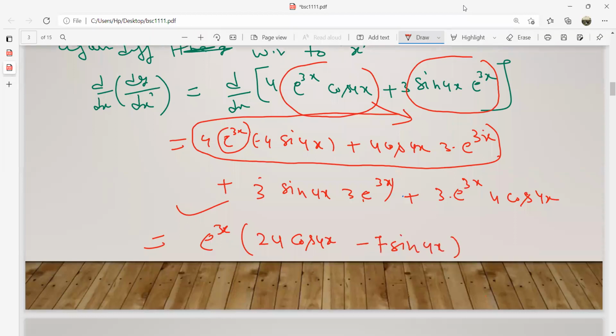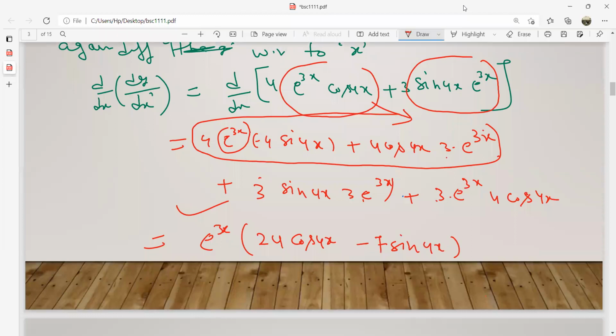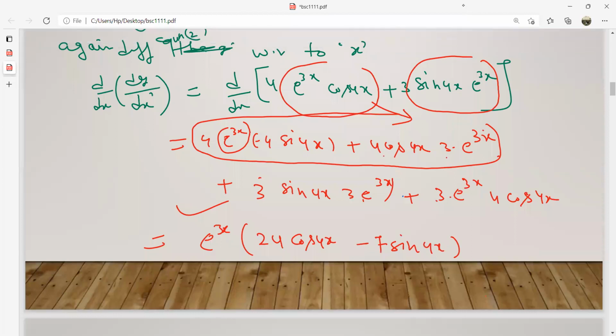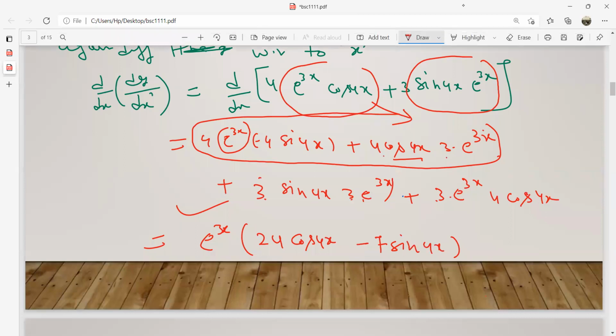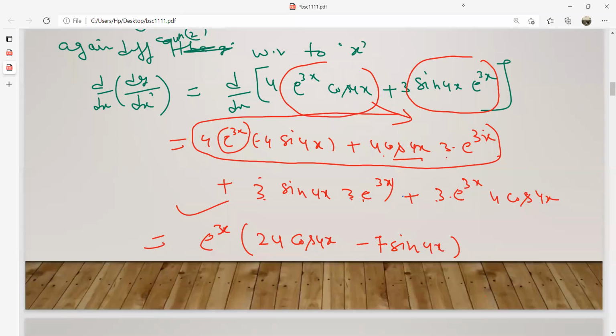Simply 4 times 3 is 12, and here also 4 times 3 is 12, so 24 cos 4x. Similarly, minus 16 plus 9 is minus 7 sin 4x. This is the second derivative of the given function.